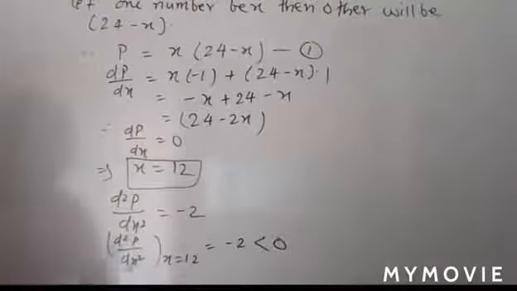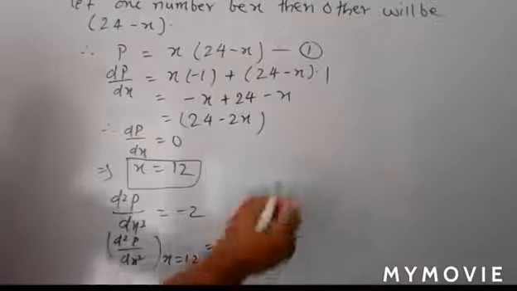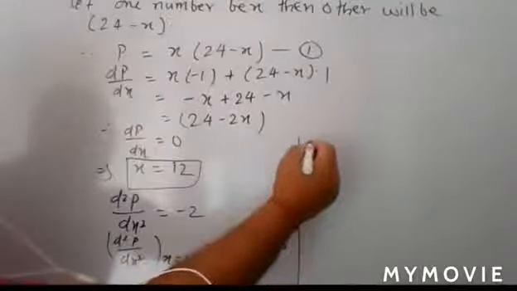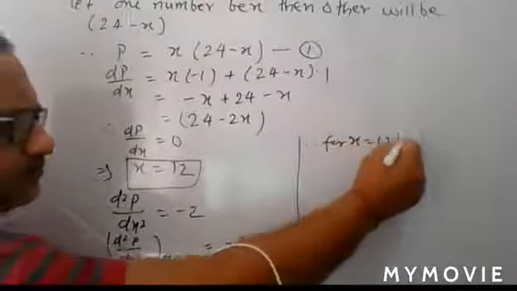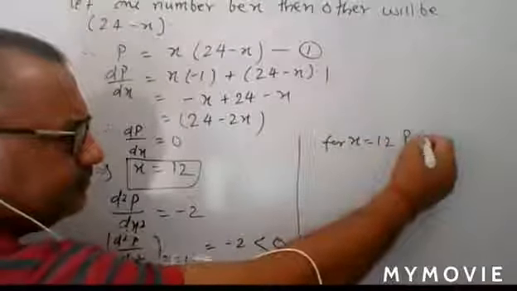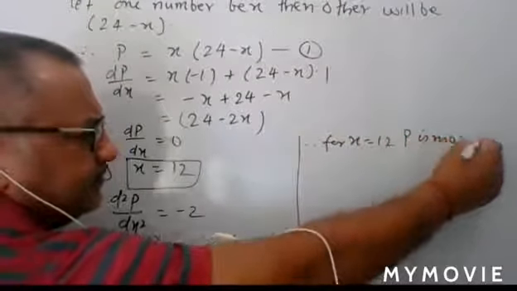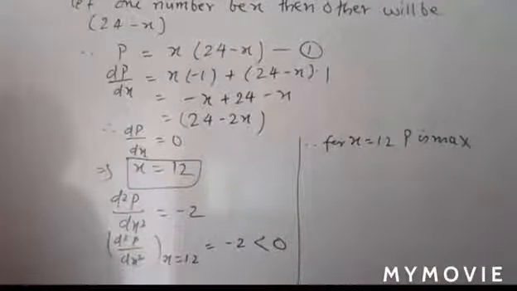So what does it mean? For x is equal to 12, P is maximum. Hence, for x equal to 12, P is maximum.